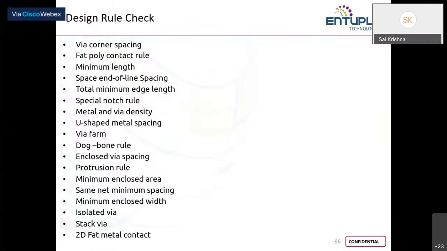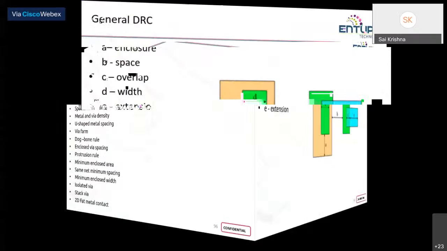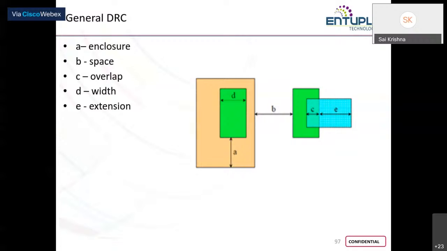So, what all is checked under DRC? You can see there is the minimum spacing, minimum length, and for a via, the minimum enclosed area, whether any vias are stacked above the limit, minimum net spacing, etc. So this is the general DRC.